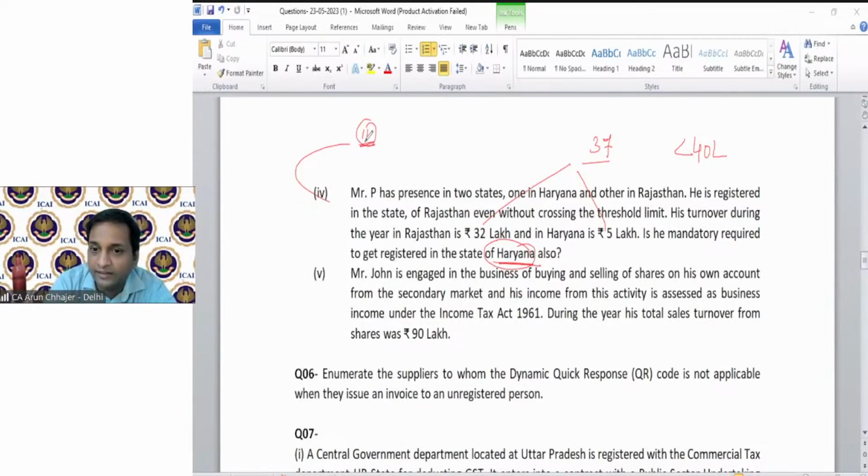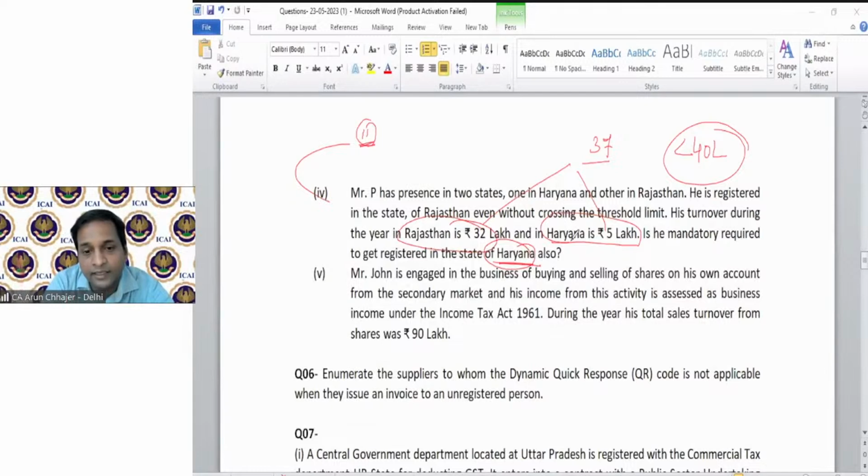First, you will say that even though the turnover is below the threshold limit, because he has taken the registration in one location, he has to take the registration in the other location also, even though the aggregate turnover is below the threshold limit.